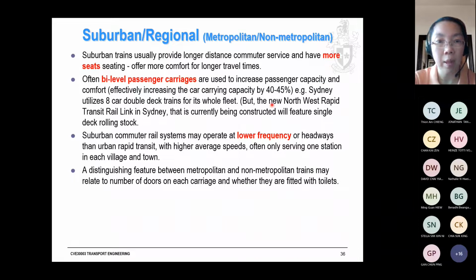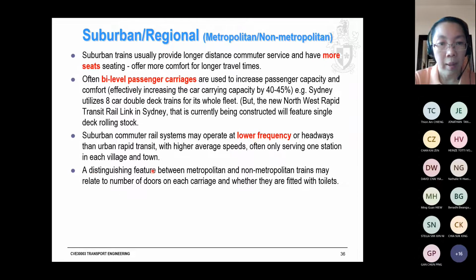So Sydney, for example, utilizes double-deck trains for its whole fleet. And suburban commuter rail systems may operate at lower frequency or headways than urban rapid transit, because the volume that it carries is not that high, so it may have lower frequency.